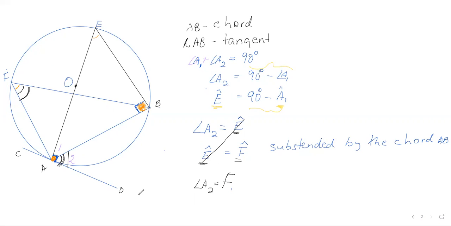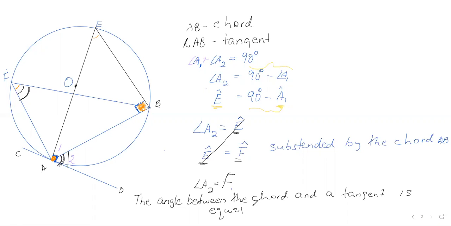So we say the angle between the chord and the tangent is equal to the angle in the alternate segment. This is what you have.